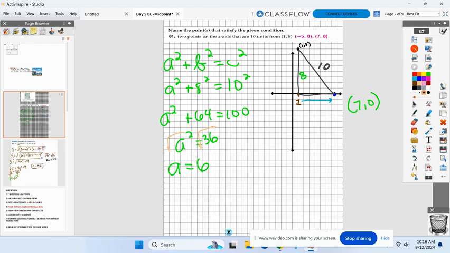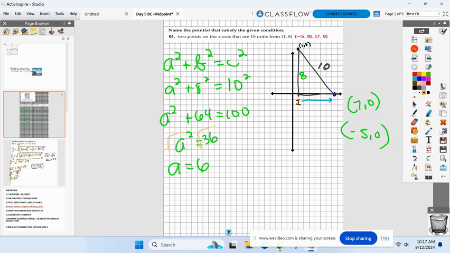So that's one way to do it. Anybody try to use the distance formula? You could have tried to use the distance formula and gotten the correct answer. That was some hardcore algebra, but it could have been done. Would A equals 6 there be plus or minus? Yes, it would. And that's what I did, right? I went plus 6, and then I went minus 6. Correct.